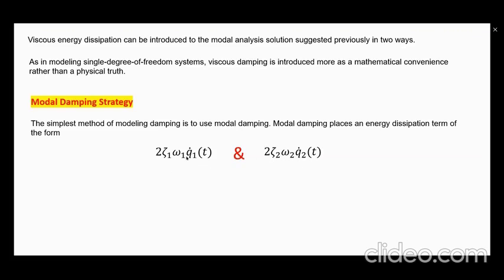And these look familiar because when we did SDOF, this is what we got for the damping term once we divide by M and use the damping ratio. We had a term like this: 2 zeta, the damping ratio, times the natural frequency, times the velocity.